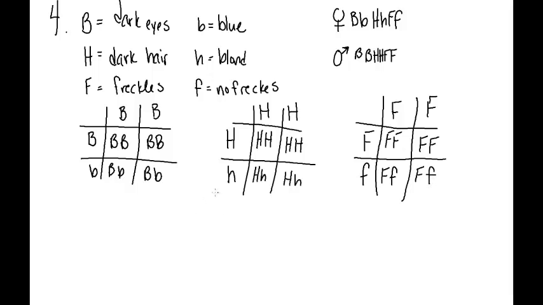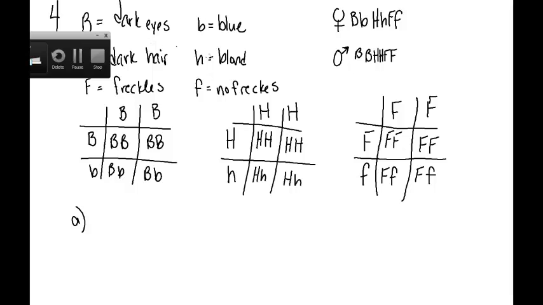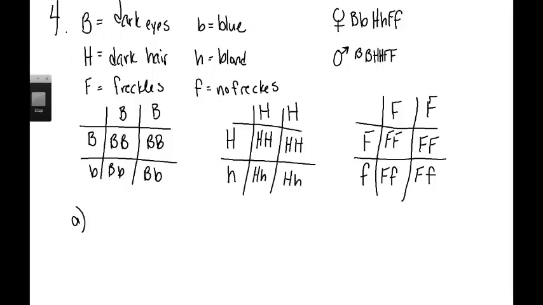Alright, so there we are. Now, what is the probability the child will share the parent's phenotype? So, we're talking about dark eyes first. Let me just go ahead and grab a different color very quickly. There we go. Alright, so we're going to go ahead and say that will be brown, and we'll put a brown marker here.